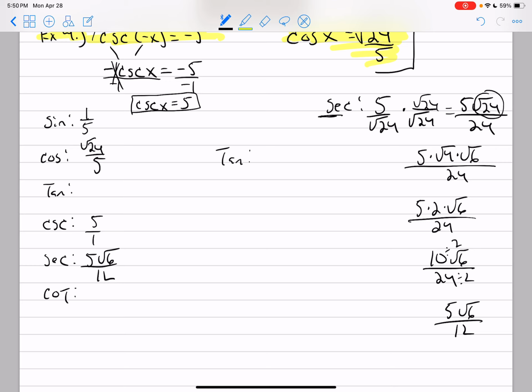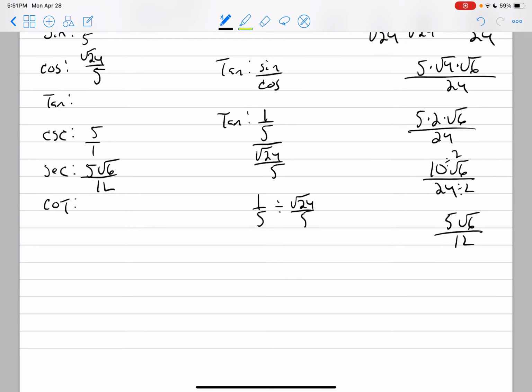Tangent is sine over cosine. So tangent is 1/5 divided by root 24 over 5, which means tangent is 1/5 times 5 over root 24, which is 1 over root 24.